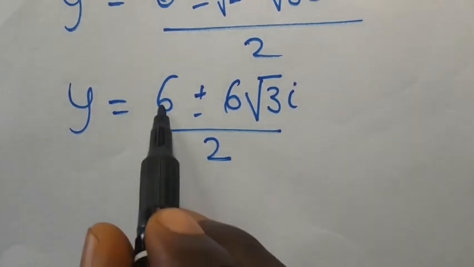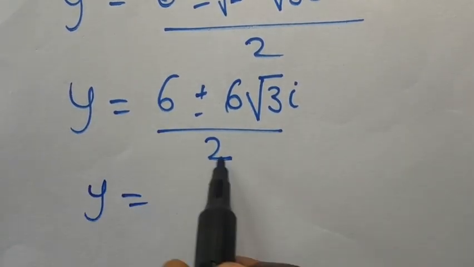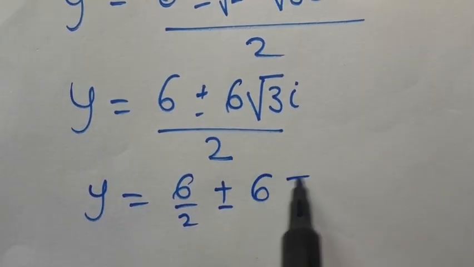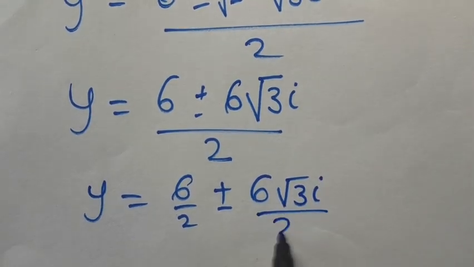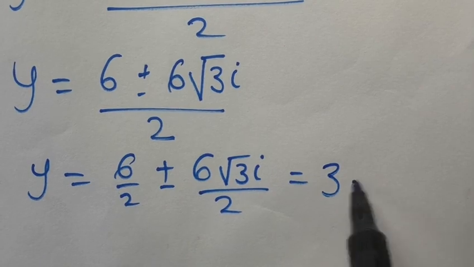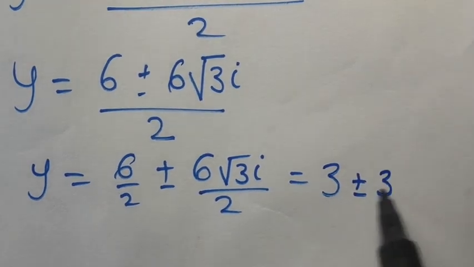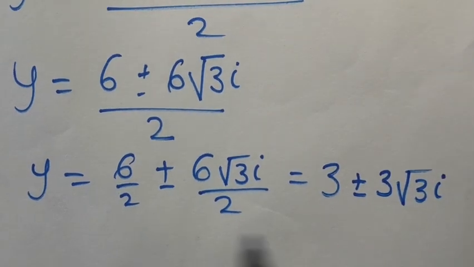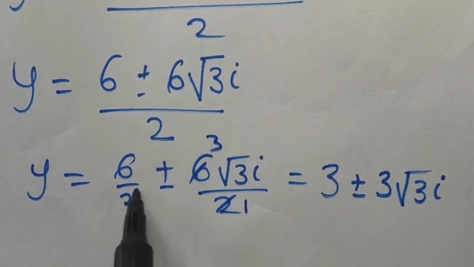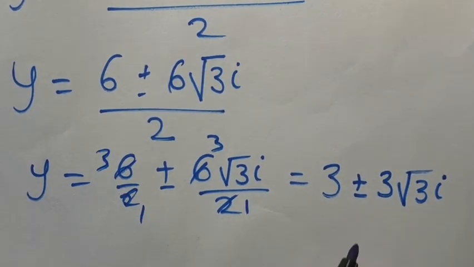When we distribute the division by 2, we have 6 divided by 2, positive or negative, 6 root 3 i divided by 2, and this will now equal 3, positive or negative, 3 root 3 i.